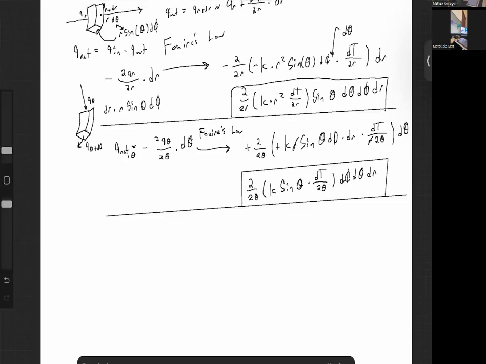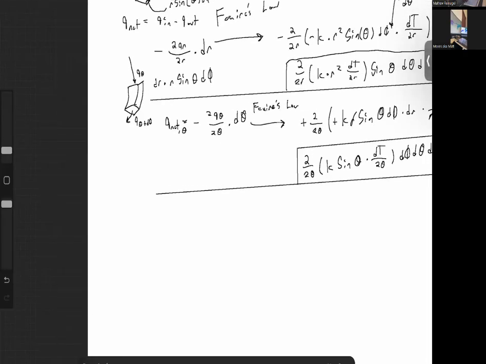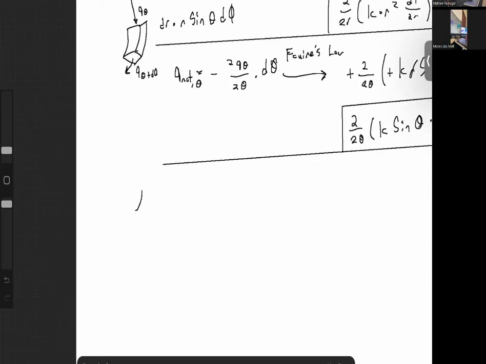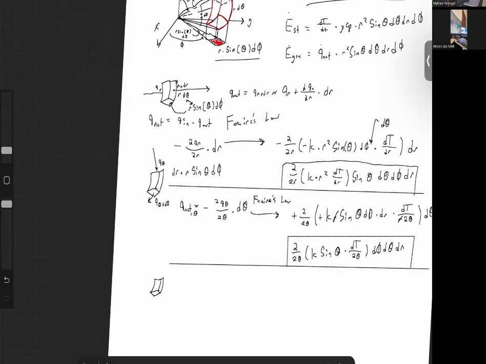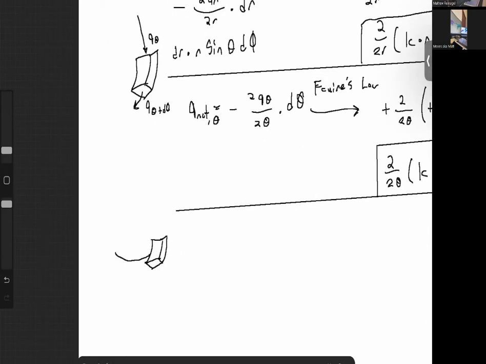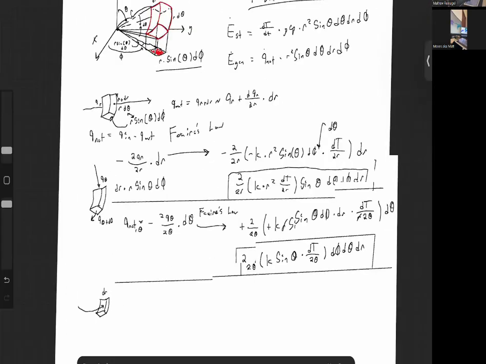Okay, so we have our expressions. Now we're going to do the last one, which is going to be phi in this case. So I'm going to make our three-dimensional object. Now we're coming in for phi, which is going to go through this side over here, which is dr multiplied by r d theta.